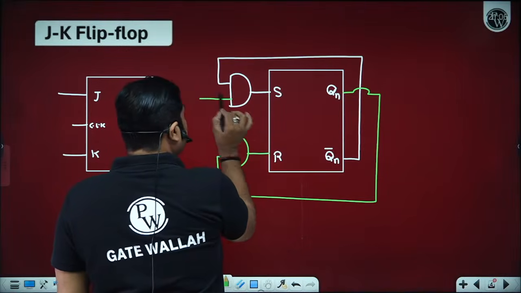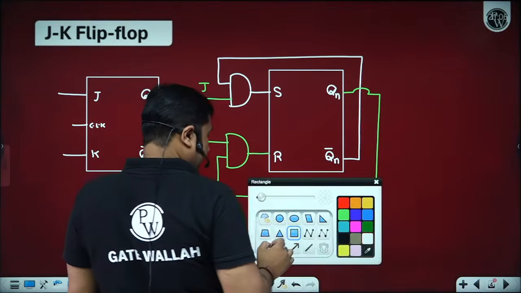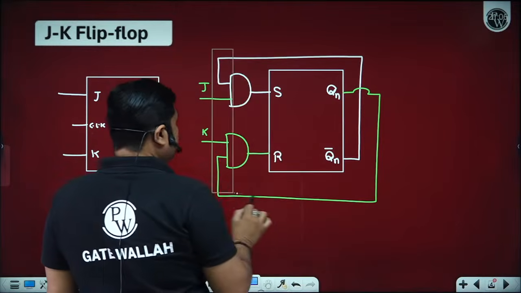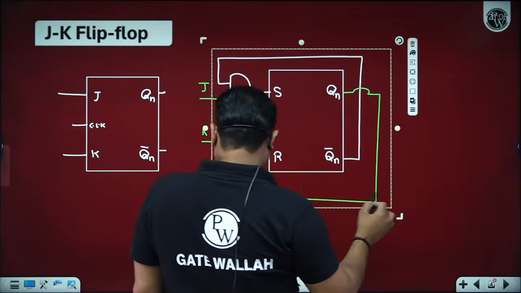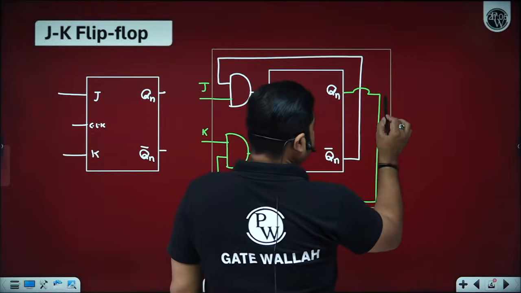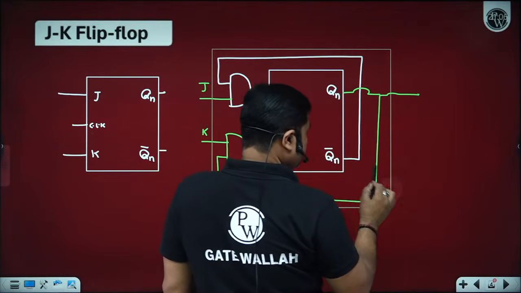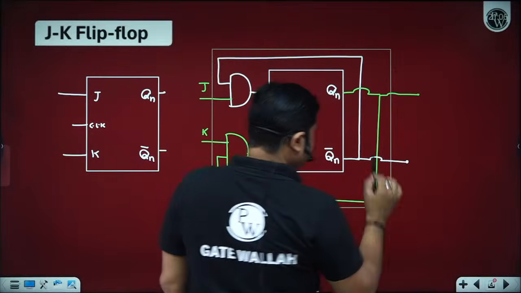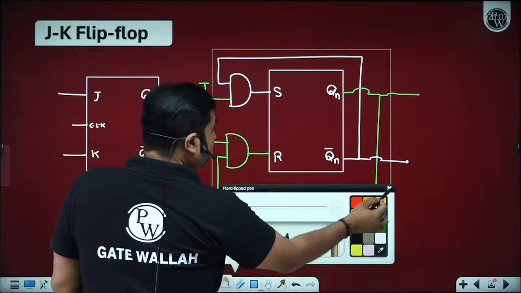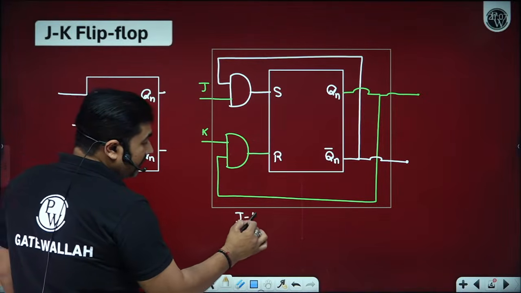So we have J and we have K. Now this is basically your JK flip-flop. So JK flip-flop can be designed from the SR flip-flop.